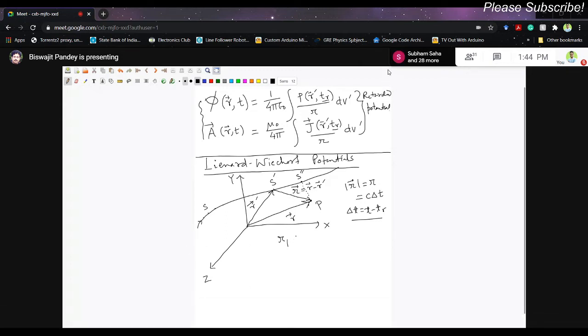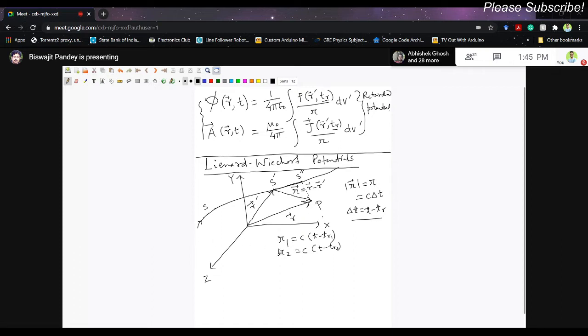So curly r1 will be simply c times t minus tr1, the retarded time 1, and curly r2 will be c times t minus tr2. If you take the separation between the amplitudes of these two vectors, by the time tr2 minus tr1, the charged particle has moved from this point to that point.